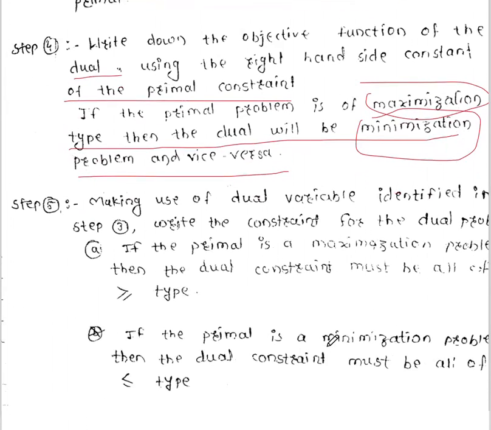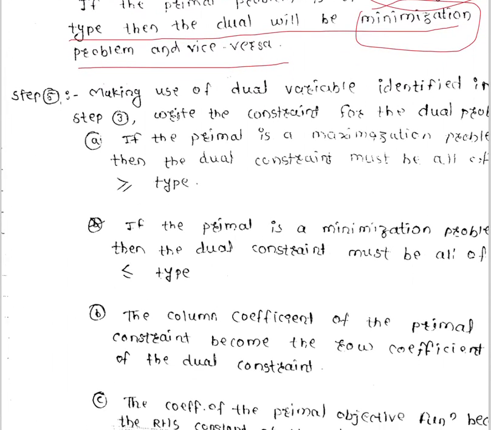Then step number 5: making use of the dual variables identified in step number 3, write the constraints for the dual problem. If the primal is a maximization problem, then the dual constraints must all be of greater than or equal to type.